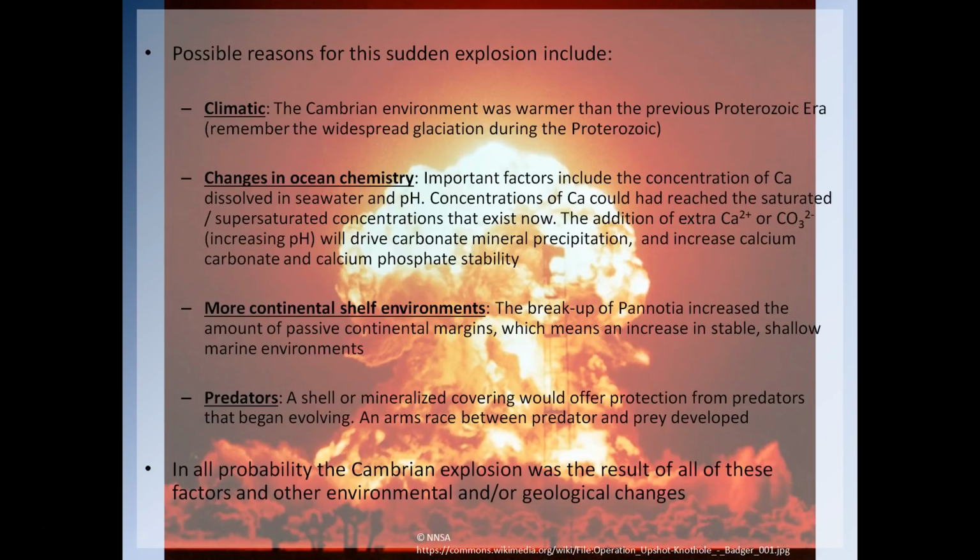Now, when you take all that continental crust and break it into lots of smaller pieces, all of a sudden the amount of coastline available shoots up. And so this means that there would have been lots of passive continental margins at the start of the Cambrian, and life loves passive continental margins. Life likes to form in nice, boring environments where not much is going on, and a passive continental margin is a great place for that to happen.